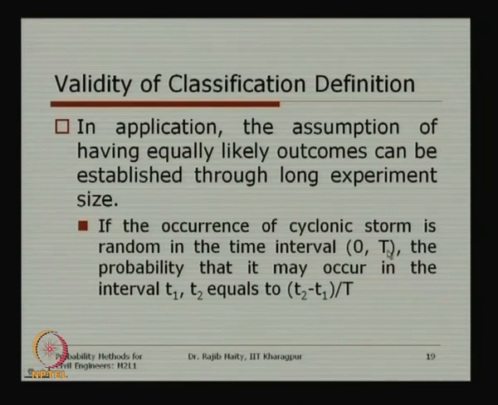So 0 to T is some time interval I am taking, and I am saying that the occurrence of this cyclonic storm is random, and I am implicitly assuming that this occurrence is equally likely at any time in this interval. Obviously t1 is greater than 0 and t2 is less than T, so t1 and t2 lie in the range 0 to T. Then the probability of the cyclonic storm occurring in this time interval is basically t2 minus t1 divided by the total possible T minus 0.